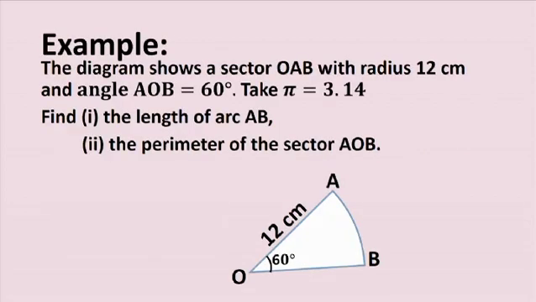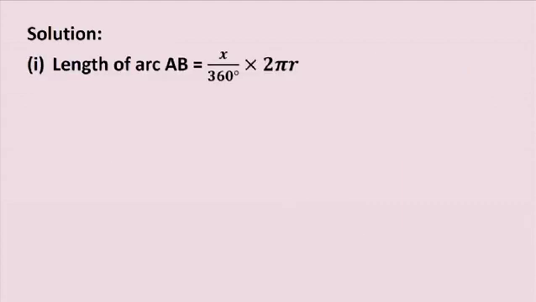So one example on this, the diagram shows a sector OAB with radius 12 centimeters and angle AOB is 60 degrees. So taking pi to be 3.14, we need to find the length of arc AB and the perimeter of the sector AOB. So length of arc is going to be x over 360 degrees times 2 pi r.